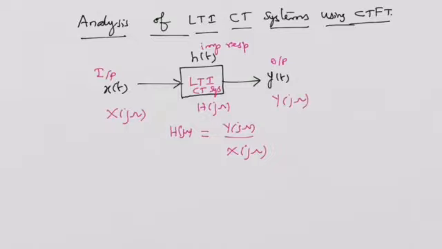I just want to relate the concept with the convolution concept. We have a system, the system is LTI system, CT system, continuous time system, which accepts an input and produces an output.